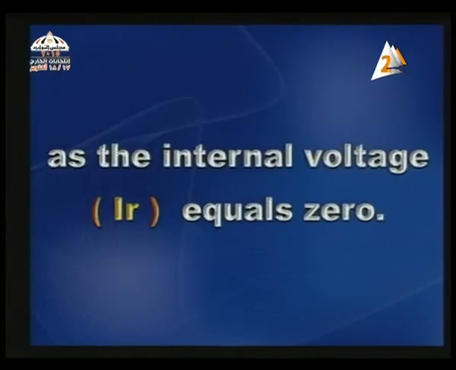Why? Internal voltage at that moment is equal to 0. Internal voltage is the product of the current and resistance. Current equals 0, so the product will be equal to 0. So V external, the terminal voltage, will be equal to V battery when no current flows through the battery.